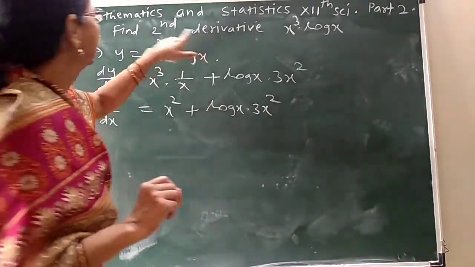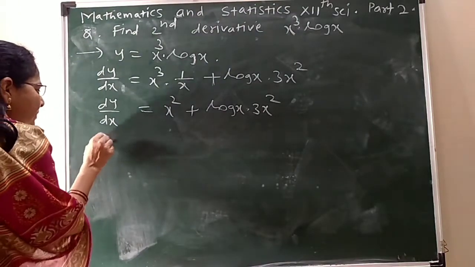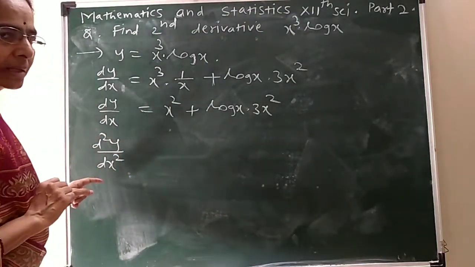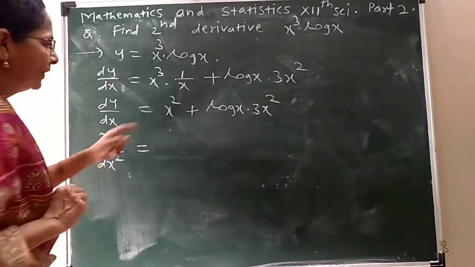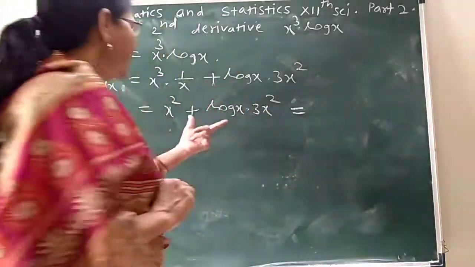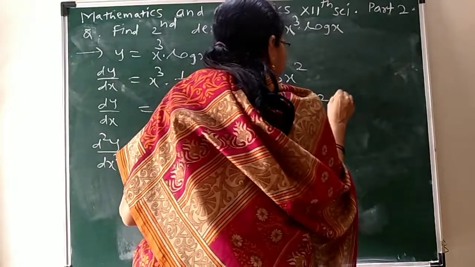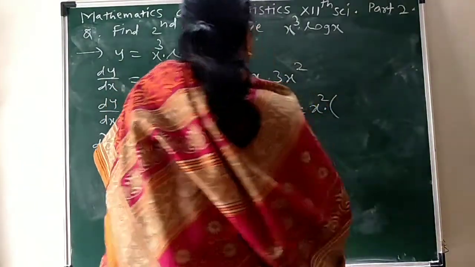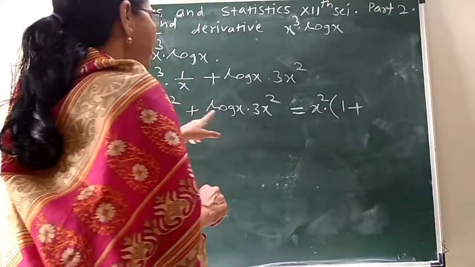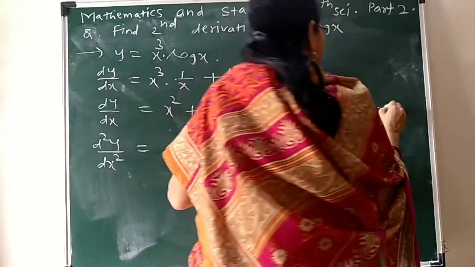We find the second derivative now, d2y by dx square. Before that, see this step: x square is common, so here is 1 plus 3 log x.